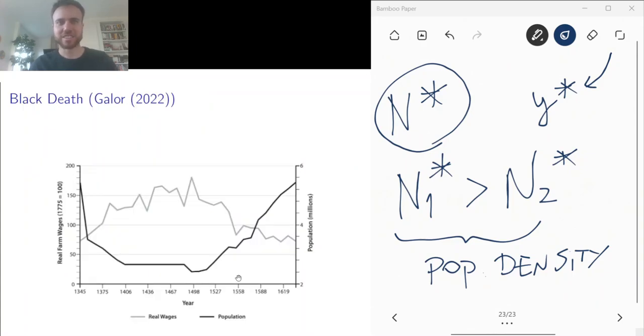And here, this is a graph from Galor's book, which tells us exactly that. And it's actually a very interesting graph because it shows the long run pattern. So here, on the left axis, we have real farm wages, and we see that right at the peak of the Black Death, there was an increase in real farm wages, which peaked 150 years after the peak of Black Death.